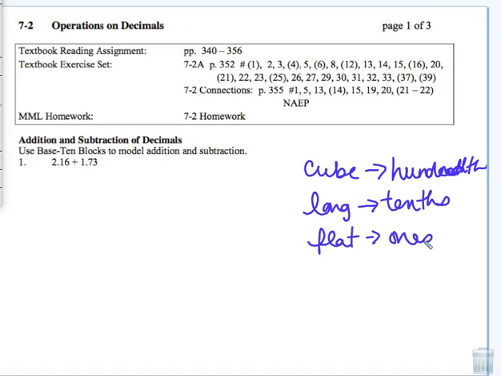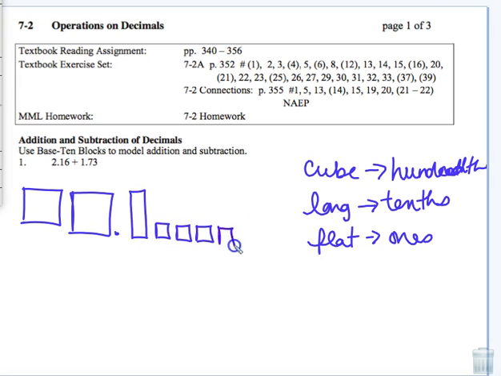So I have 2 ones. I have 2 flats, a decimal point, 1 long, and then I have 6 cubes, that hundredth spot.